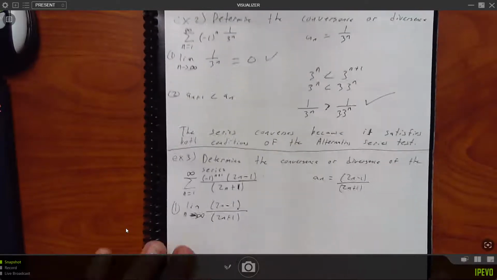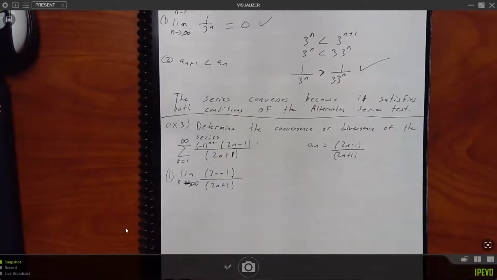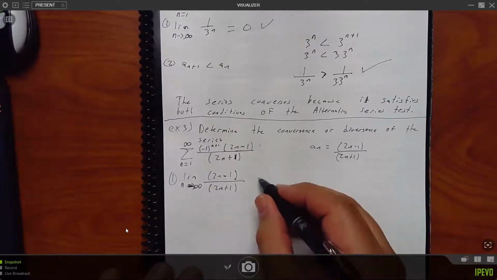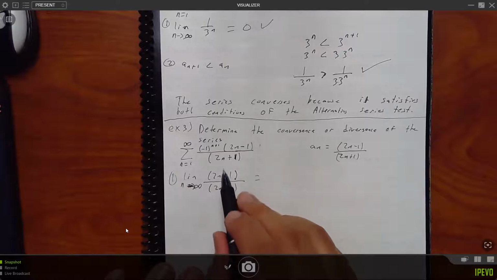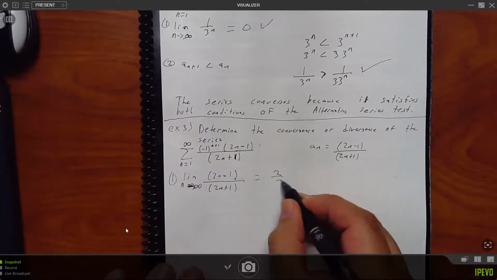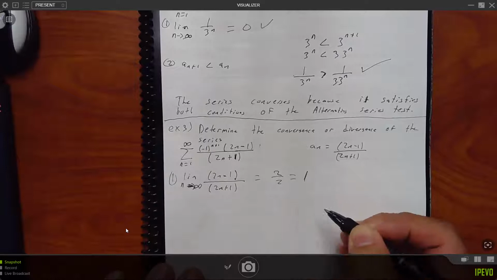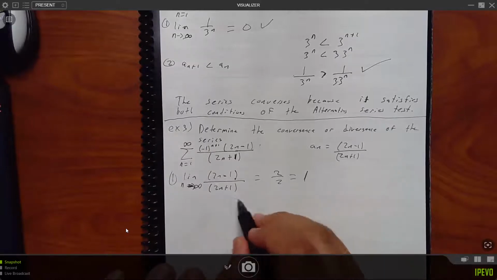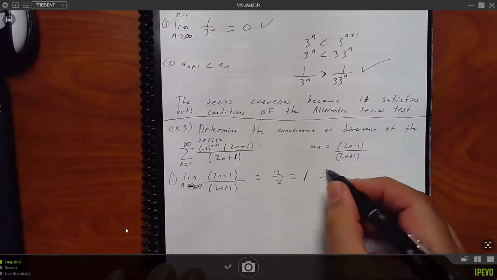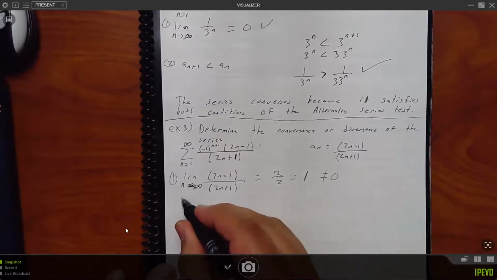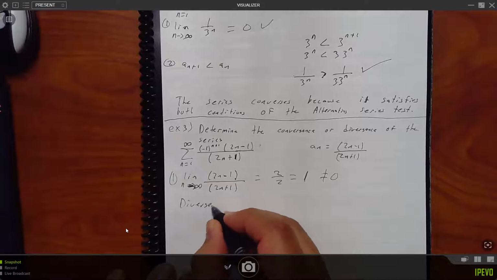So you take this limit, you see how that's the same degree, right? You're going to end up with 2 over 2, which is 1. So these overpower each other. These don't matter. So this is not 0. So right away you can say it diverges.